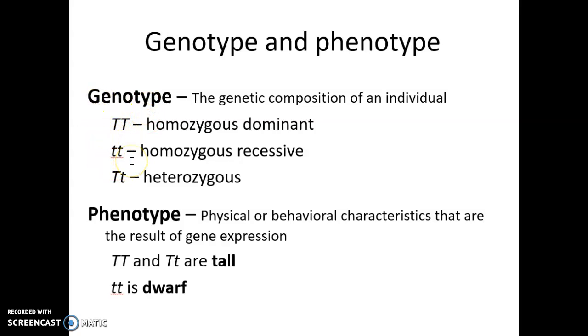This is homozygous recessive, and this is called heterozygous. But the 3-to-1 ratio that we saw was in phenotype, right? The phenotype was tall, whether you were homozygous dominant or heterozygous, and only dwarf when you are homozygous recessive. We will pick this up in the next lecture.